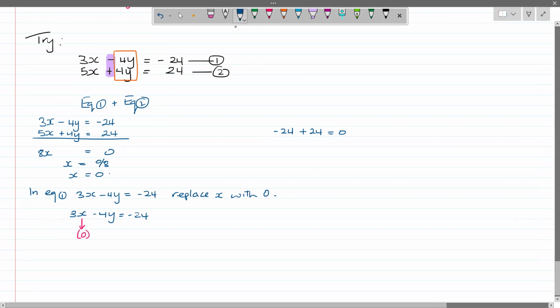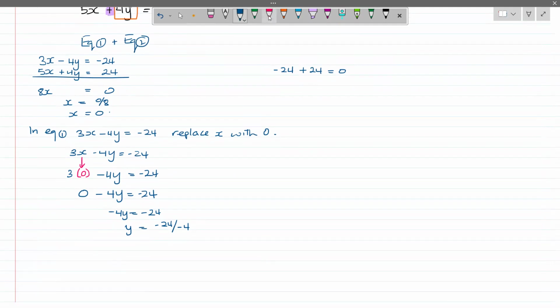And if I put a 0 there, 3 times 0 will give me 0. And then I'll get minus 4y is equal to negative 24. Y will be equal to negative 24 over minus 4.